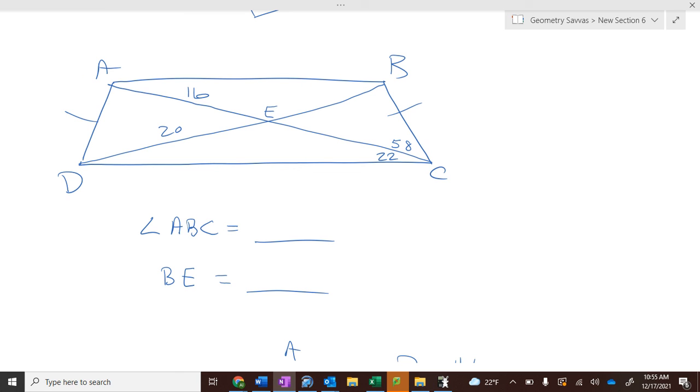Trying to figure out ABC. How big is angle ABC? 100. Because 58 and 22 add up to 80. And so if this angle down here adds up to 80, this whole angle up here adds up to 100. Because they're same side interior angles, and same side interior angles of parallel lines are supplementary.